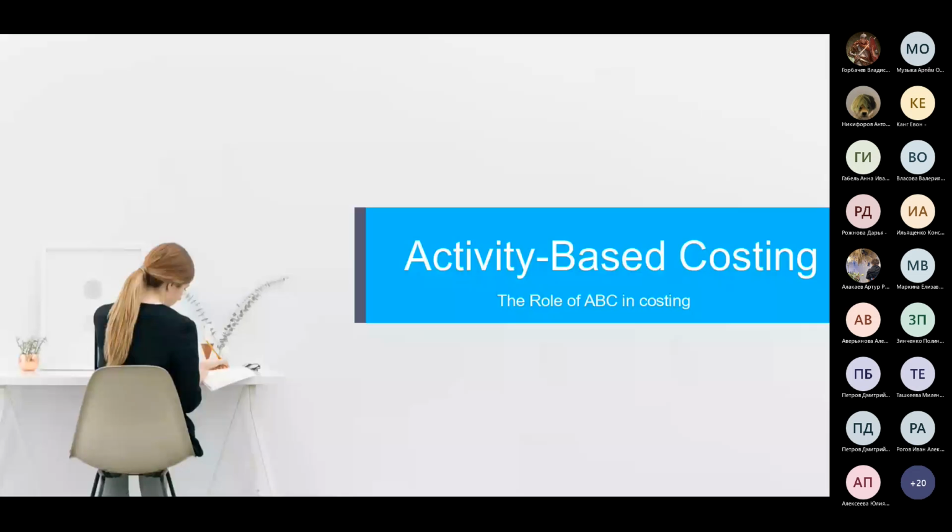In comparison to this system, activity-based costing is a bit more complicated than the traditional system, the job order costing system and the process costing system. Activity-based costing seems to be the most modern system, which arrived, I think, about 30 years ago only.